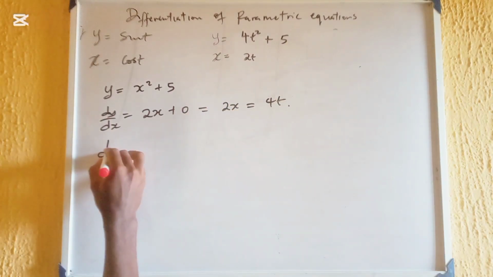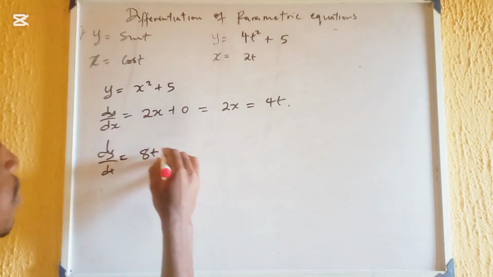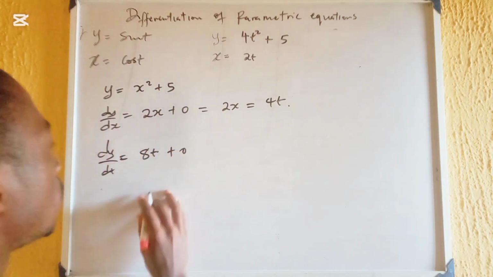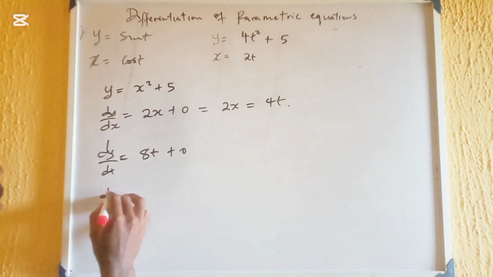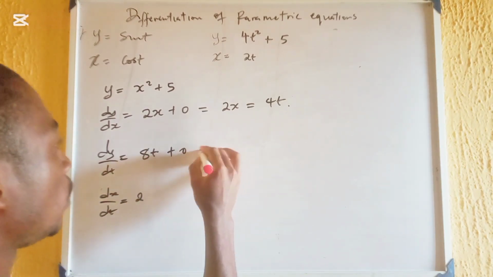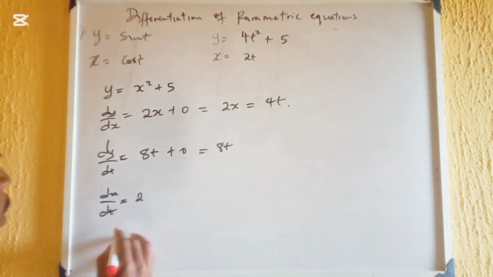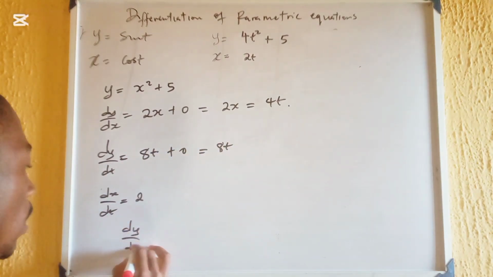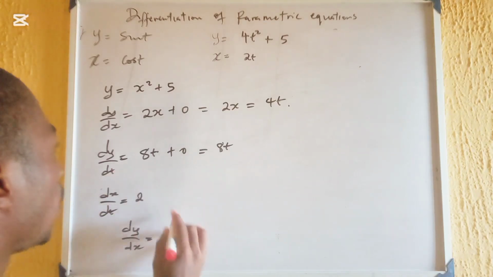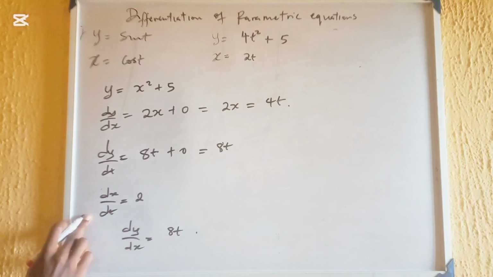So we have that dy/dt is equal to 8t plus 0. Then dx/dt is equal to 2. Here we have 8t as our answer, and here we have 2. Now dy/dx is equal to dy/dt, that's 8t, times dt/dx.